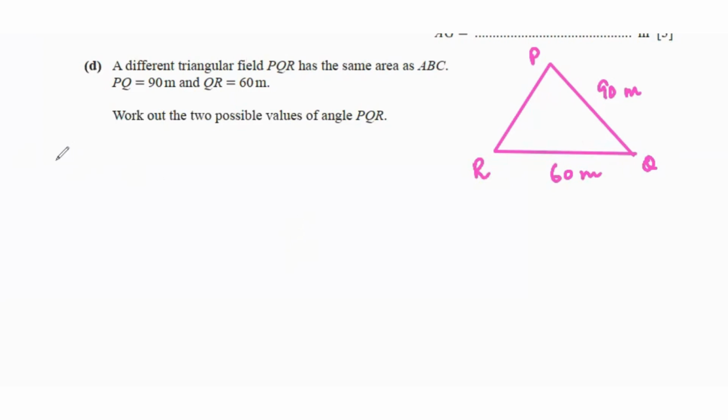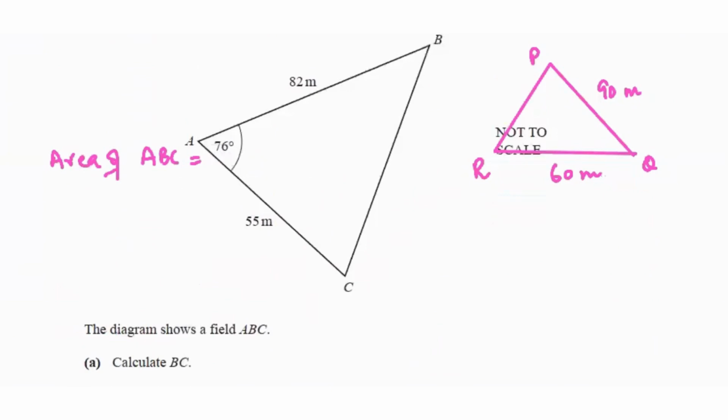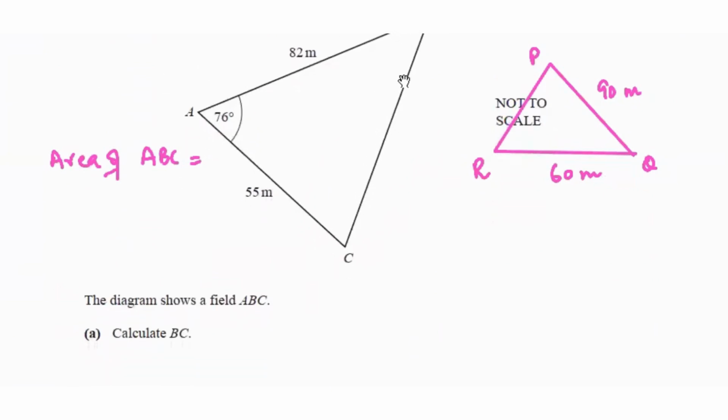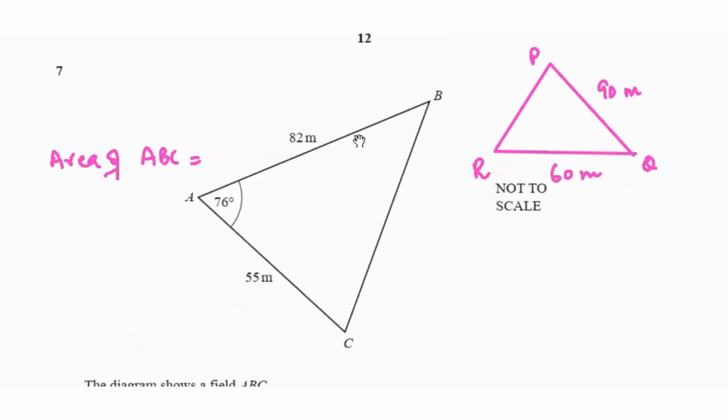So let's find the area of ABC first. For the area of ABC, once again, we'll use the same formula which we used for the other question where we had a non-right angle triangle, which will be 1/2 times AB times sine C. The lengths we'll use are 82 and 55 because these are the two lengths which have an angle between them.